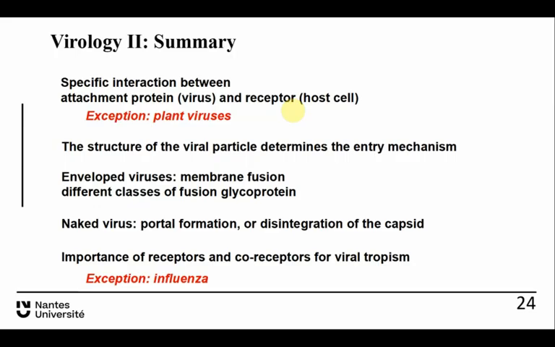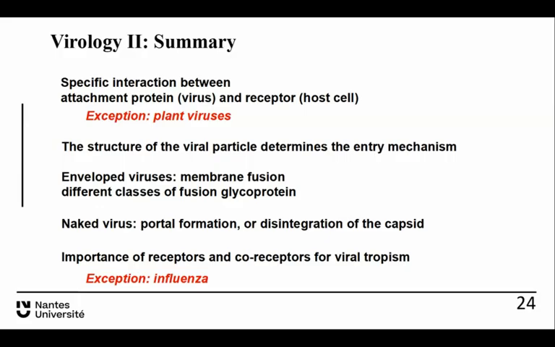For all enveloped viruses, there's got to be membrane fusion at some point, and you have to understand the three main classes of fusion glycoprotein. For non-enveloped viruses, either some kind of portal is formed that lets the virus genome get out, or the capsid has to disintegrate.